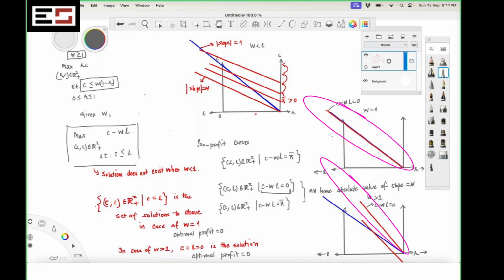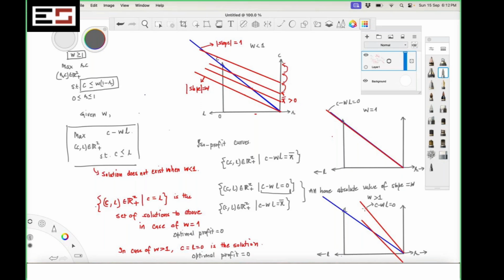Yes or no? And since R is between 0 and 1, we just have to restrict ourselves up till this point. We cannot go beyond this point. So it's the red line. Basically, it's the highest possible isoprofit curve, which is your budget constraint, which is your budget line. Restricted to this region only.